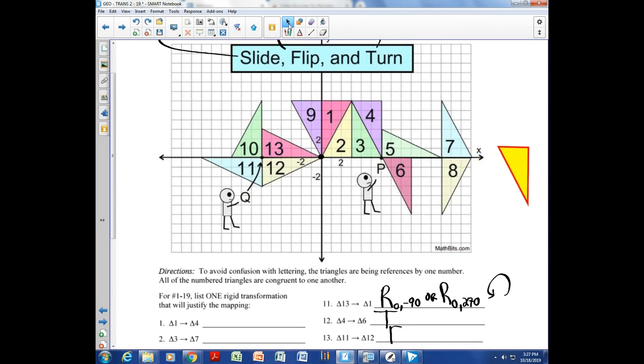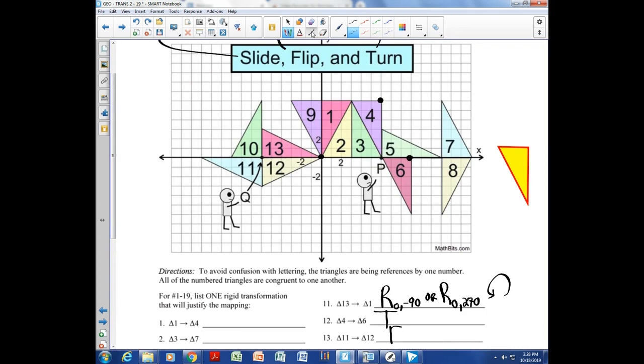Since we're on a coordinate grid here, you need to find 2 corresponding points. What I mean by a corresponding point is that on triangle 4, if we moved triangle 4 directly on top of triangle 6, this point that I'm highlighting black would end up right on top of that point in triangle 6. So the question is, how can we get that point to be directly on top of the other point?